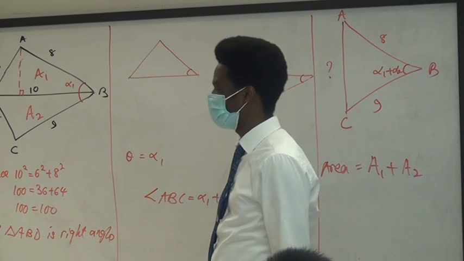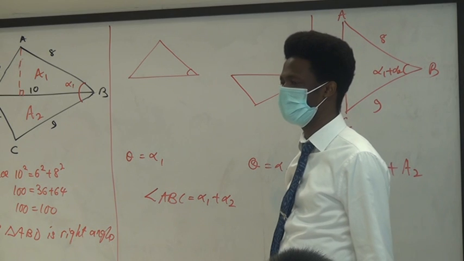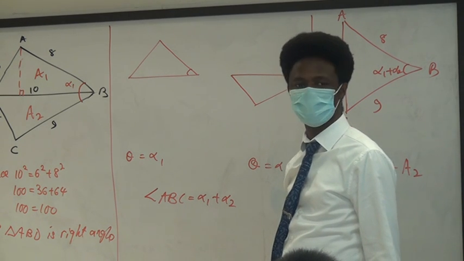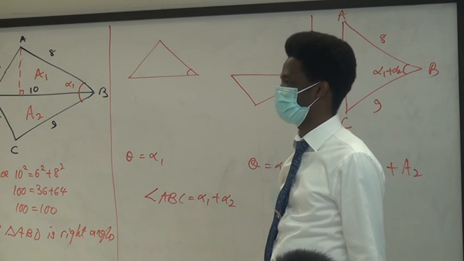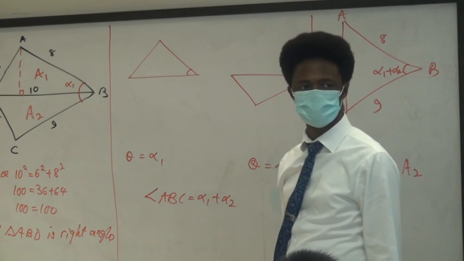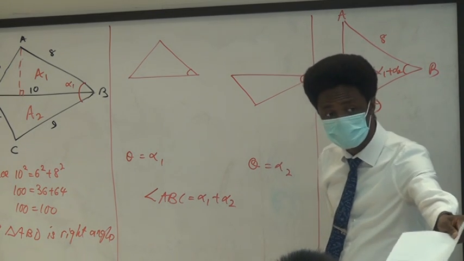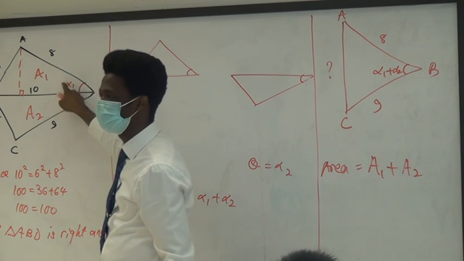And how do you find the area of the triangle? You can use half ab sine theta. Why is that an appropriate method this time? Because the sides and the angles are known. You already have alpha 1, alpha 2.